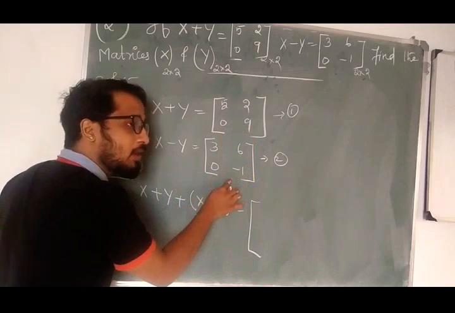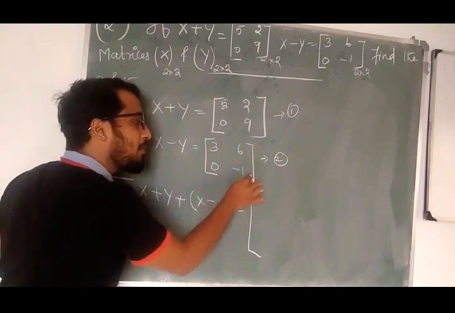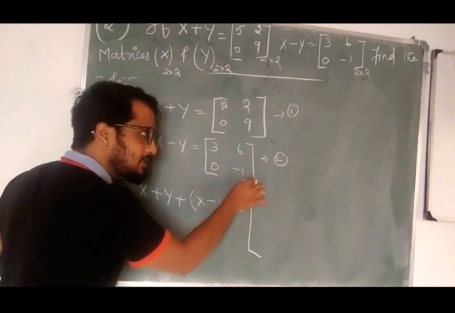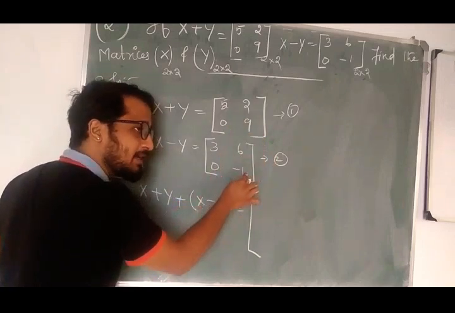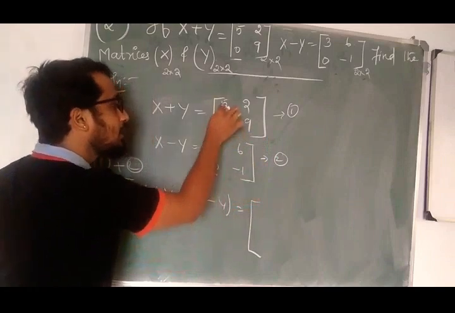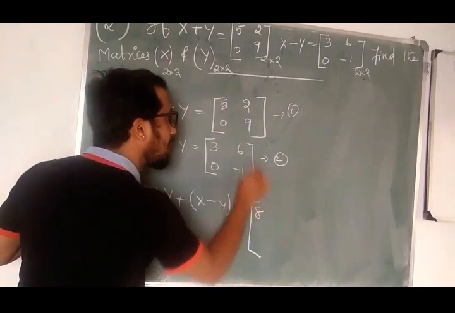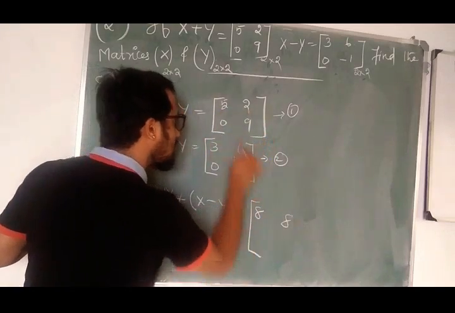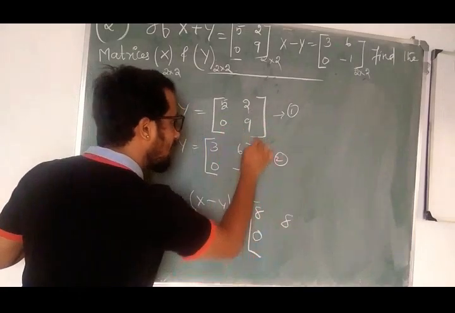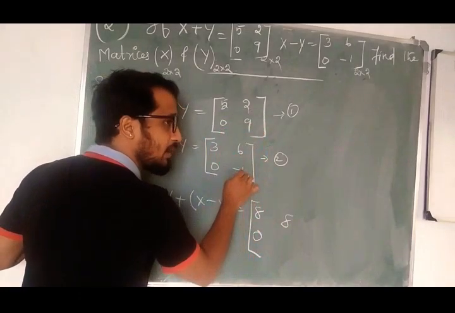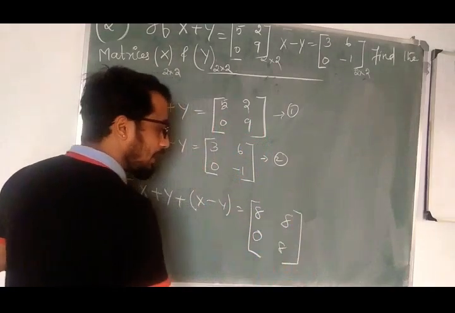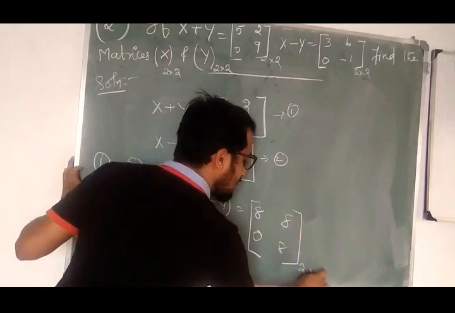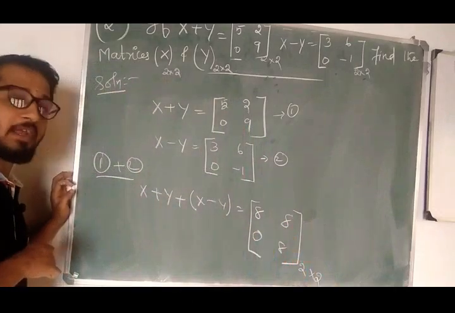Addition is possible only when the order of the matrices is the same. Since the order is the same, I can add these two matrices in the RHS part. That is 5 plus 3 is 8, 2 plus 6 is 8, 0 plus 0 is 0, 9 plus -1, that means 9 minus 1, that is 8. So [8, 8; 0, 8], the order of this matrix is 2 by 2.